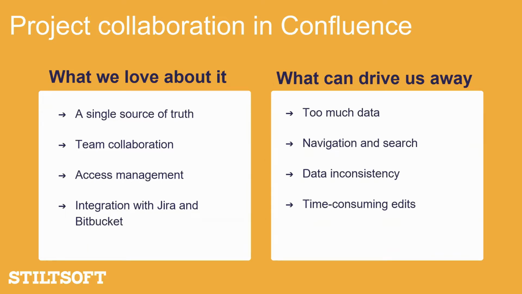It's great because it's quite easy to manage access restrictions and limitations so that we have information distributed among teams exactly the way we want it. And of course, you can benefit a lot from integration with tools you use on your daily basis when managing projects in Confluence, like Jira and Bitbucket.